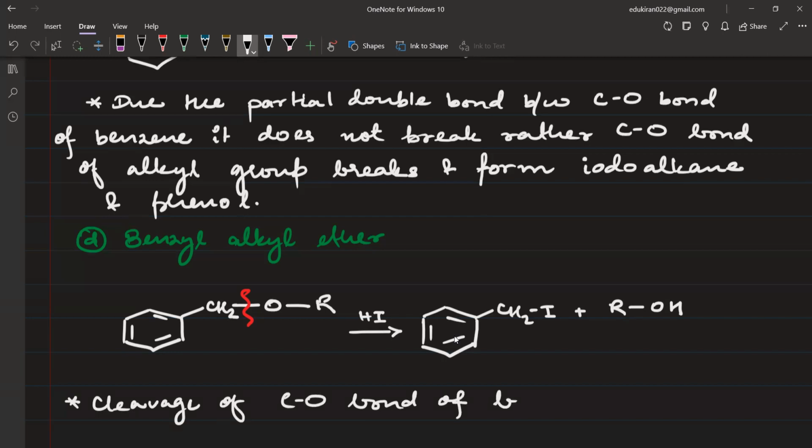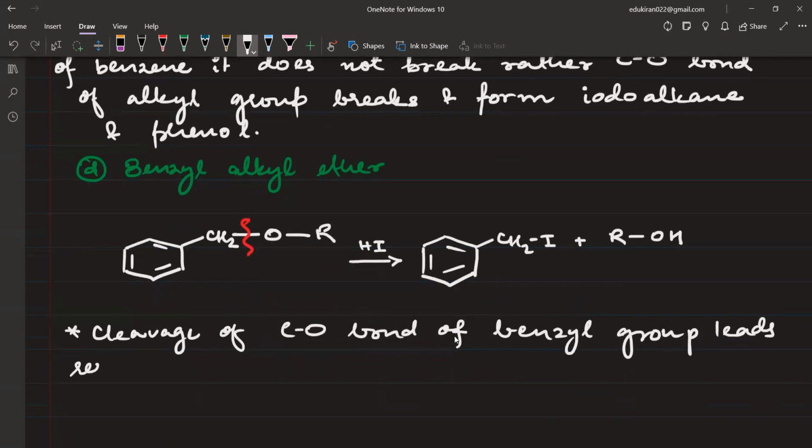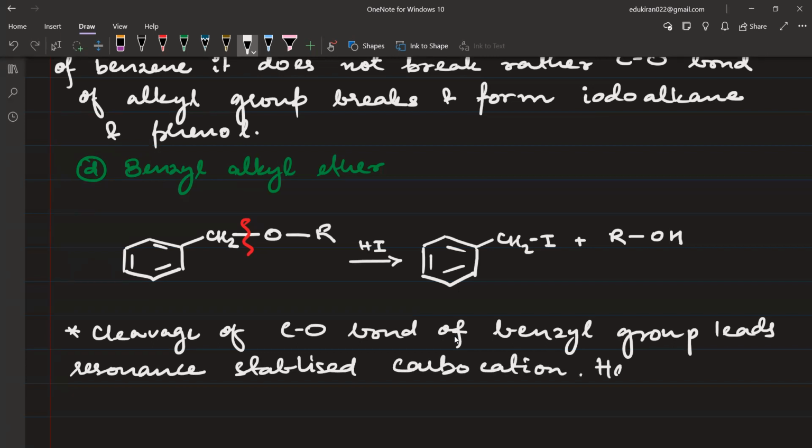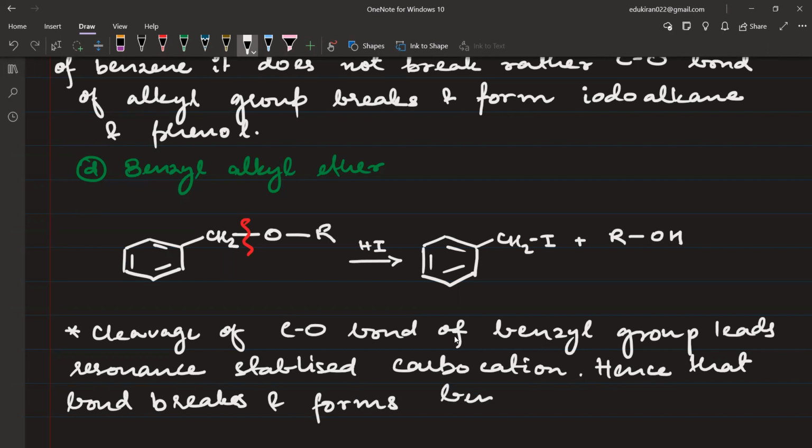Cleavage of CO bond of benzyl group leads to resonance stabilized carbocation. Hence that bond breaks and forms benzyl halide and alcohol.